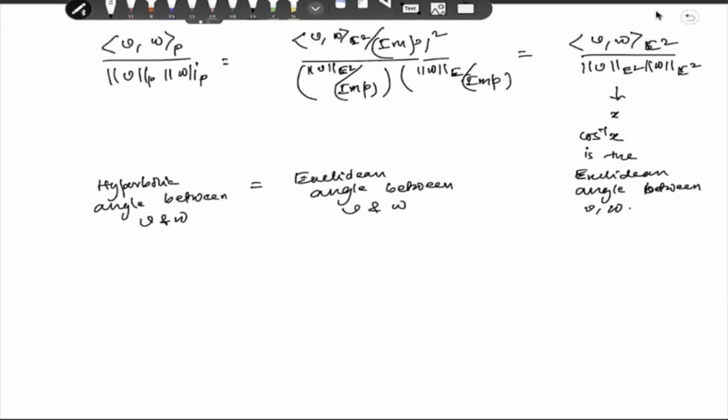Okay, I'll stop here. In the next class, we'll be proving that the area of a triangle is equal to pi minus the sum of the angles at each vertex of the triangle.